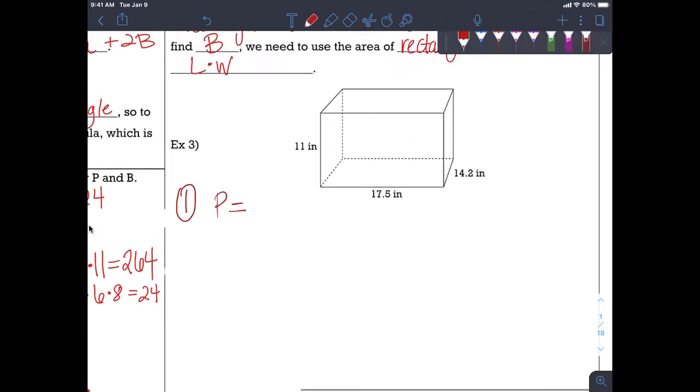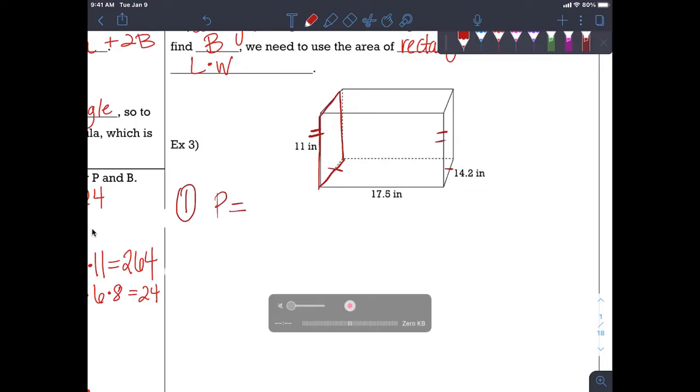So first thing I need to do is identify the base that I'm going to use. So these guys are the ones that stick out to me. And I notice that because they are the same, I can identify which side has the same measurement. Both of these down here are going to be 14.2, and both of these guys are going to be 11. So I can go ahead and find the perimeter of my base.